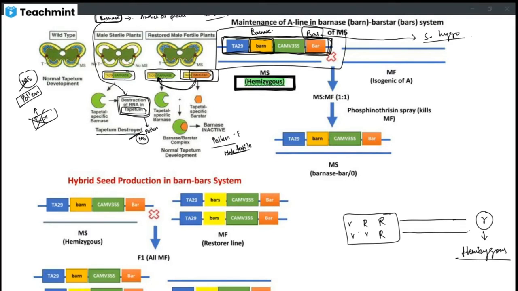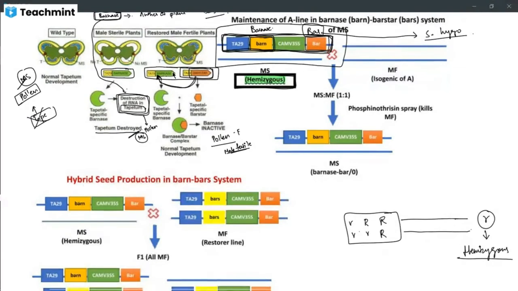Sir, repeat. Okay, see, when you incorporate this Barnase gene into the anther, it is incorporated in the hemizygous condition. What happens? Barnase will result in the destruction of the tapetum.